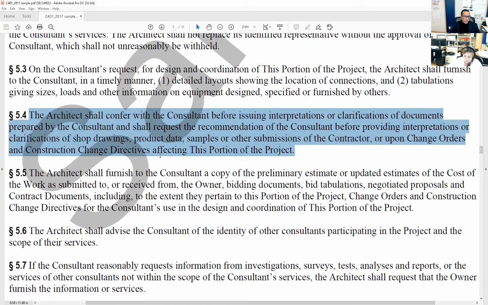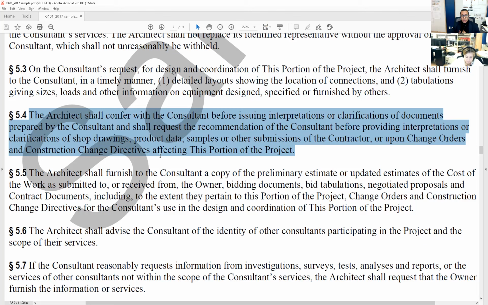Anything that has been changed within his scope of services, the architect has to go back to this consultant, and they need recommendations. Honestly, the recommendation shouldn't be coming just from the architect; it should be coming holistically from whoever the consultant is that is involved in that change.